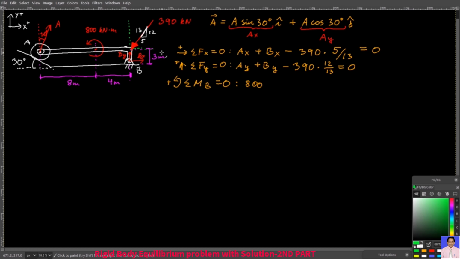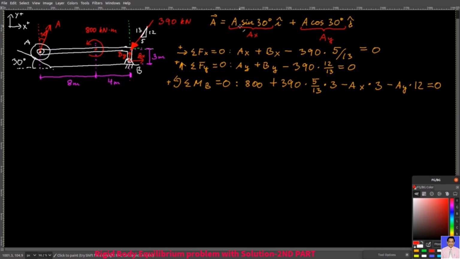It's 3 meters, and that will give you a counterclockwise moment. So plus 390 times 5/13. That way I obtain the horizontal component of this force, and then times 3, which is the moment arm. Then you have minus AX times 3 and minus AY times 12. And all that equals 0.